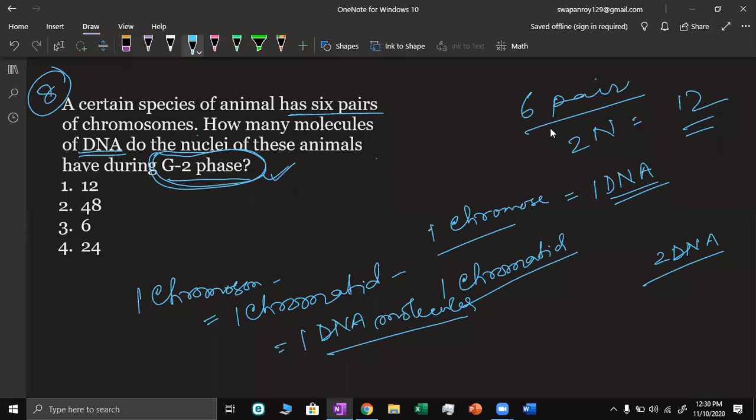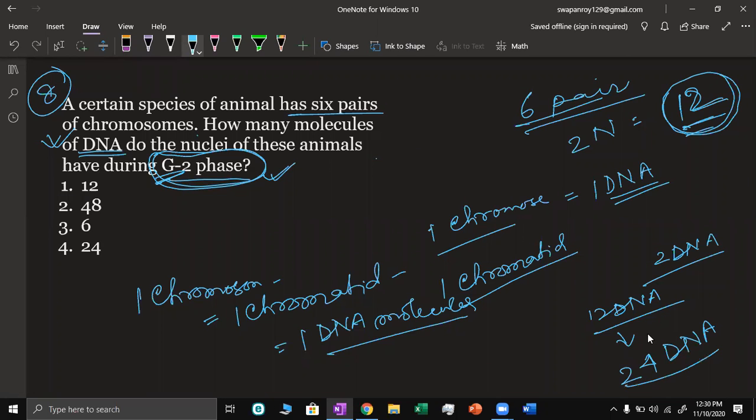So if the cell initially, when it is not dividing, has 12 chromosomes, means 12 chromatids, means 12 DNA, but as S phase has completed, in the G2 phase it will have double the number of DNA. So it will have 24 DNA molecules. Okay? It has 24 DNA molecules. Clear?